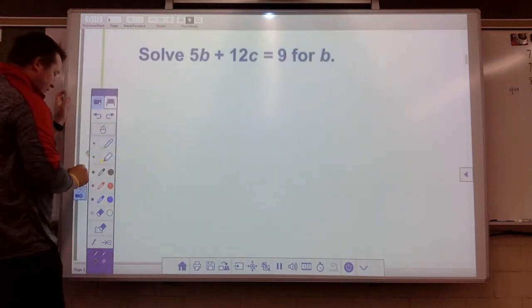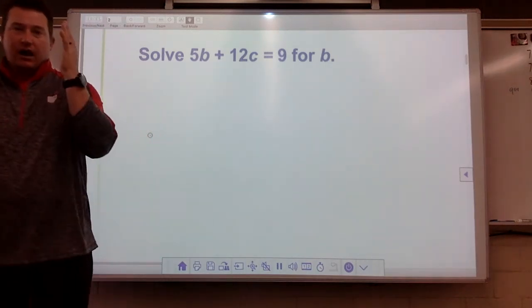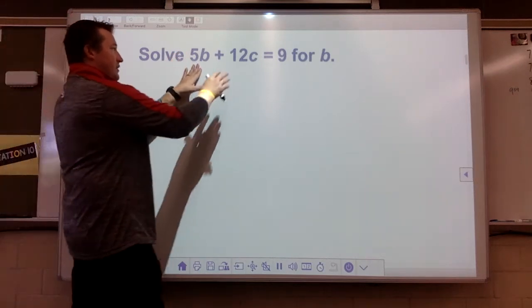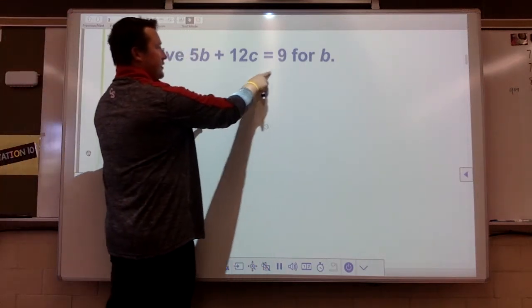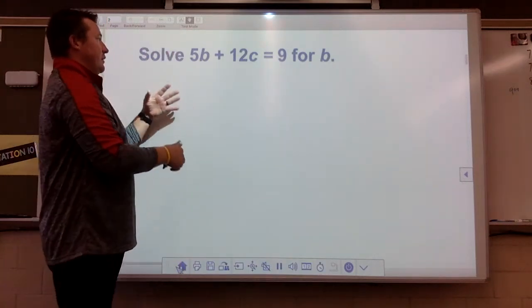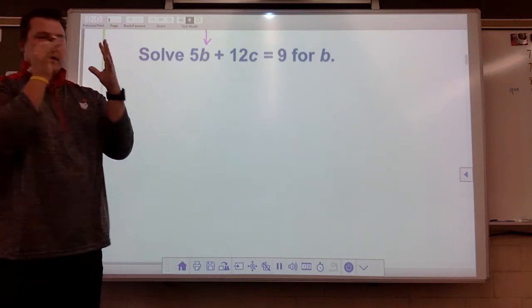So here's our first one, all right, and this is what we're talking about, right? So we've got numbers and letters. So we've got variable terms, a constant term, and it says, solve this equation for B. So this is where we have to use good equation skills, right?